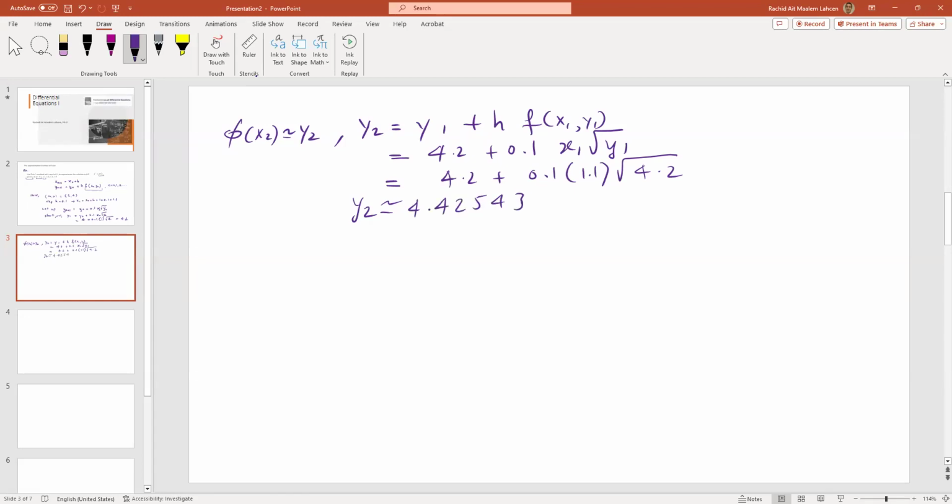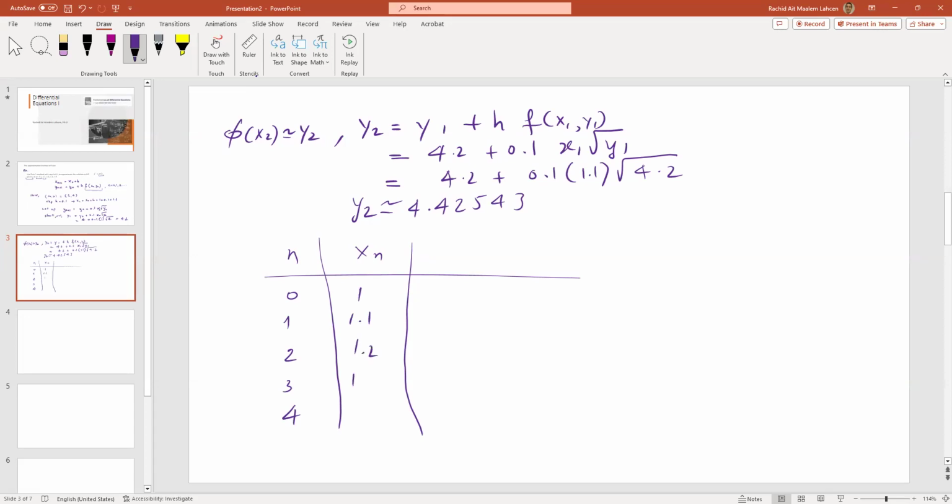is approximately 4.4540. So you get the idea, and from there, as you keep going, you can build the table. I'll give you the values, then I'll give you some more information so you understand more of this example. So let's say x values 1, 1.1, 1.2, 1.3, 1.4, and here is Euler's method.